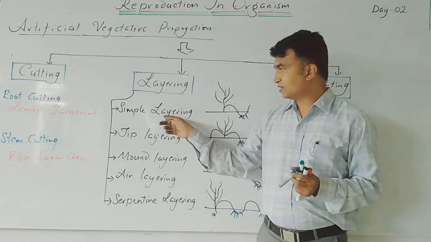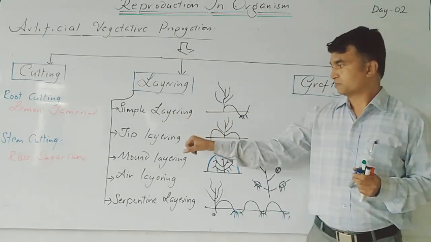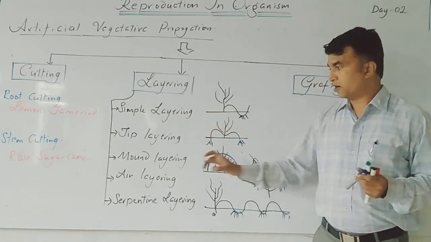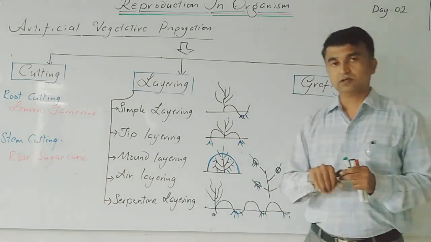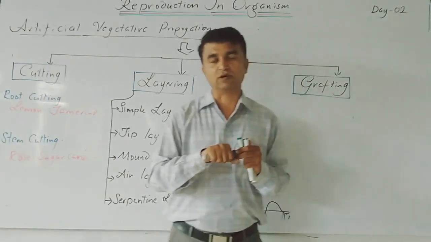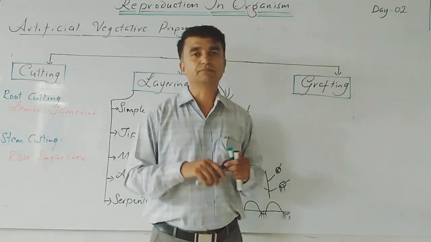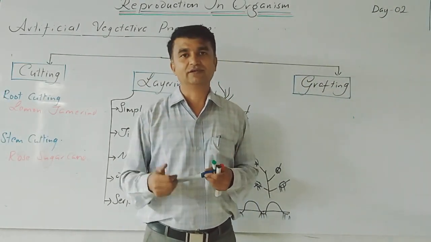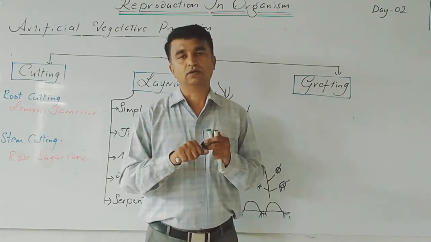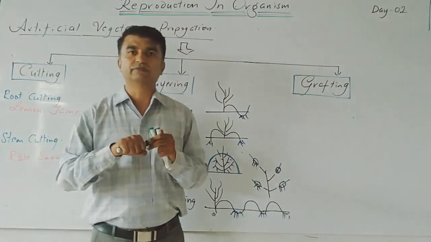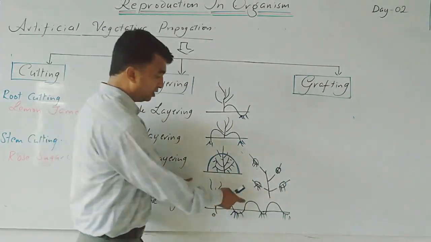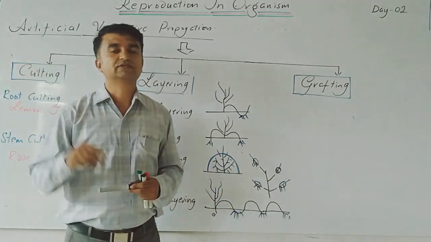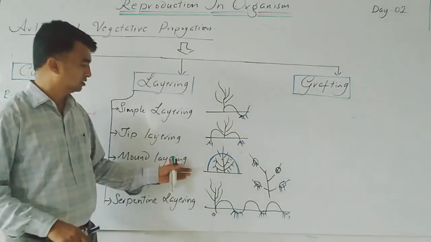It can be in the form of simple layering, tip layering, mound layering, air layering, or serpentine layering. Sometimes grafting clay is also applied. Grafting clay is a mixture of soil, hay, and cow dung. It promotes the formation of adventitious roots. Once the adventitious roots are formed, the stem is cut and used.